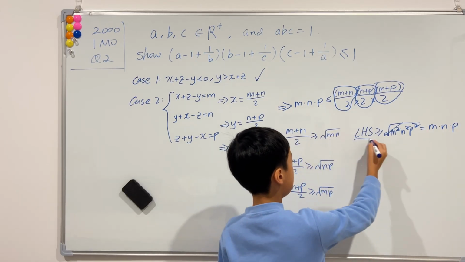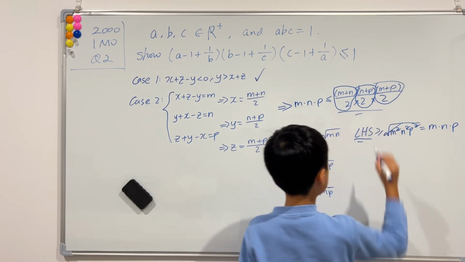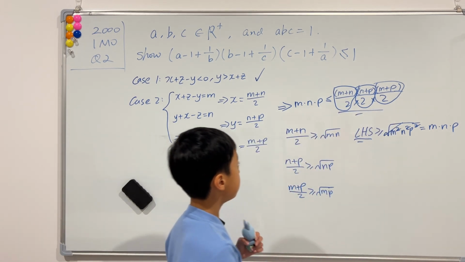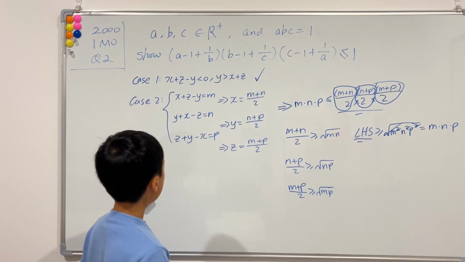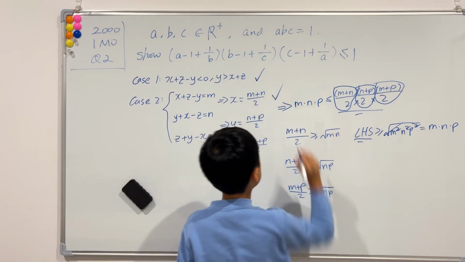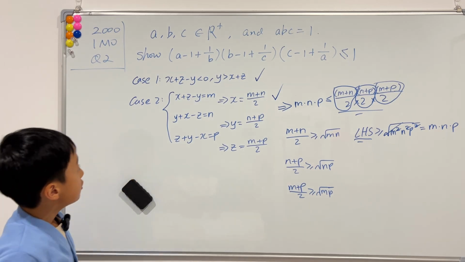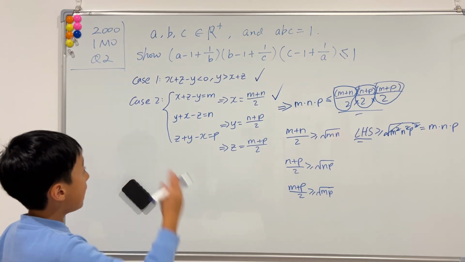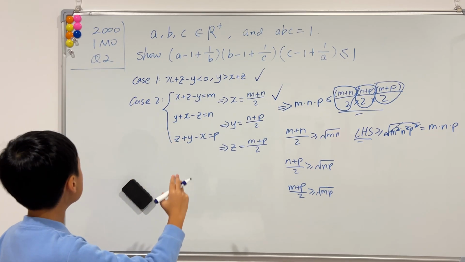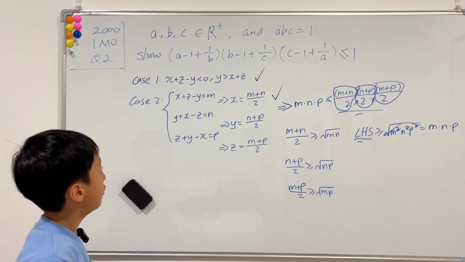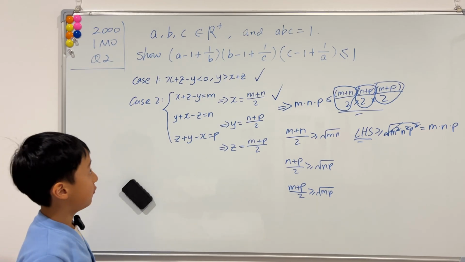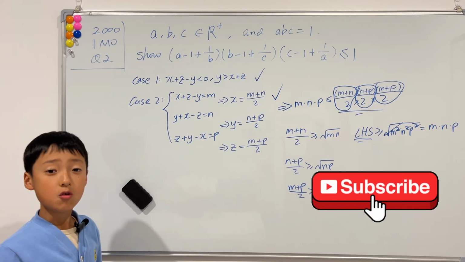And this is actually equal to this. So we have proved that this is greater than or equal to mnp. So case 2 is correct. So we have successfully proved that this is less than or equal to 1, and we have successfully finished an IMO question.